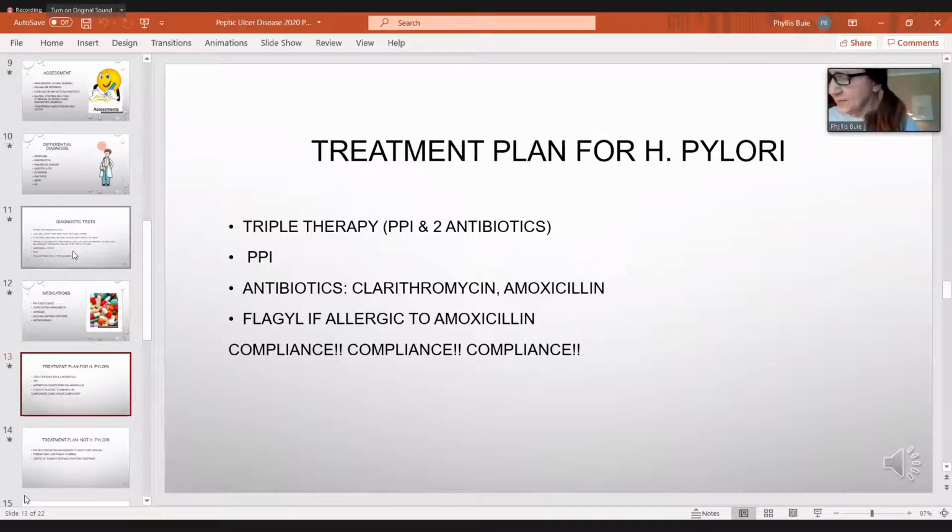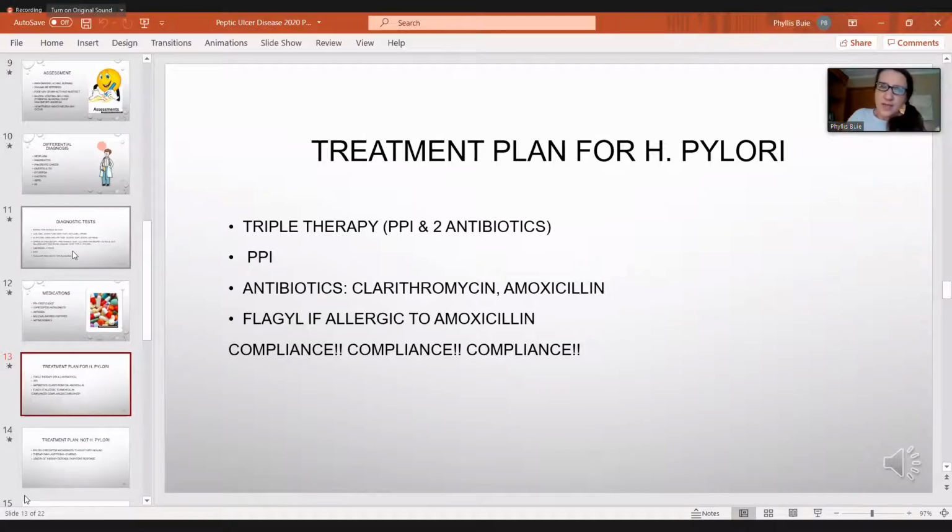And then what happens is the bacteria kind of burrows up into the tissue, and it may be undetected by our body's immune system, because the bacteria kind of hides out in all of those folds in there. Your typical treatment for H. pylori is going to be triple.